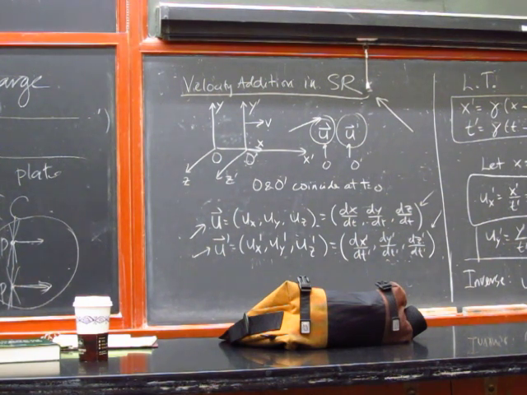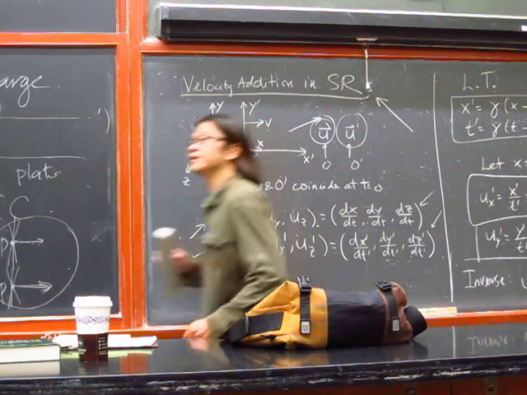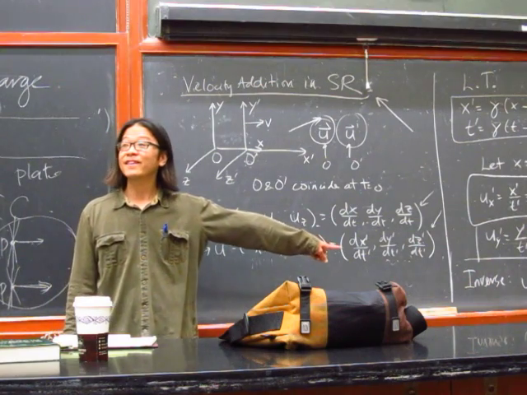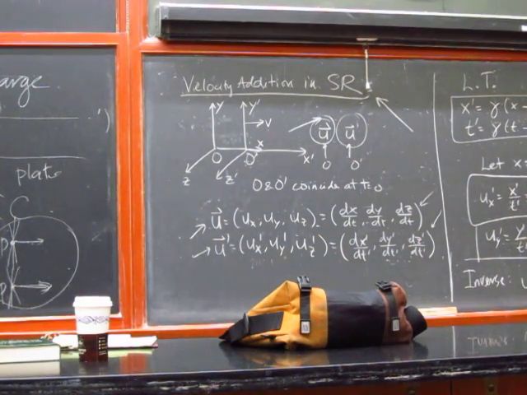Uy prime is still the same, except that it's also a plus here. And you can try to plot this function, and you realize that nothing will exceed the speed of light. Since this is kind of complicated, let's look at the situation more carefully.